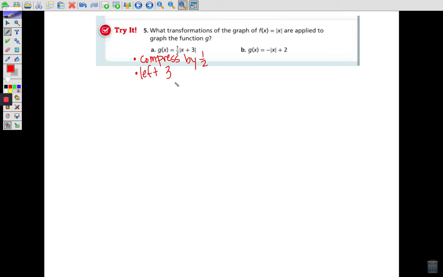The next equation is negative absolute value of x plus 2. So what does the negative tell us it's going to do? We just talked about it. Yep, reflect is correct.